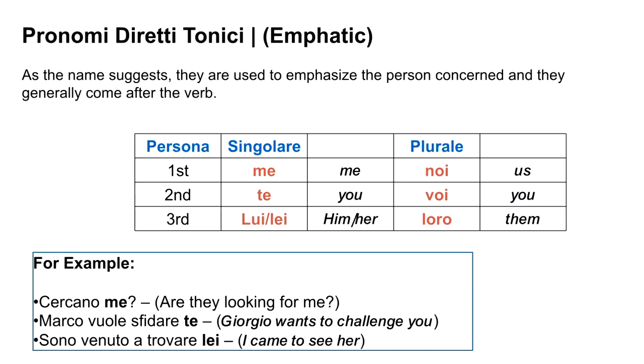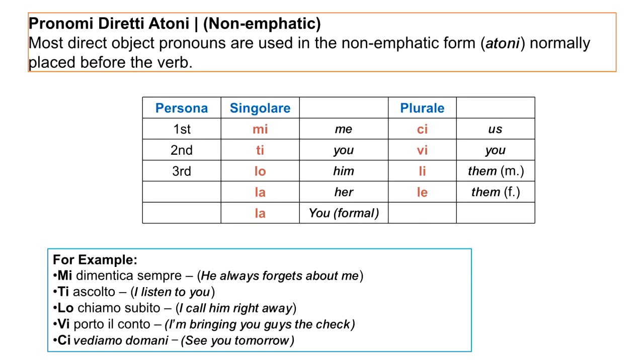Like, cercano me. See, so if I wanted to turn this sentence into an emphatic one, I would say, dimentica sempre me. Or I could say, lui or lei dimentica sempre me. Formally, I would have to say, egli or ella or essi dimenticano sempre me.